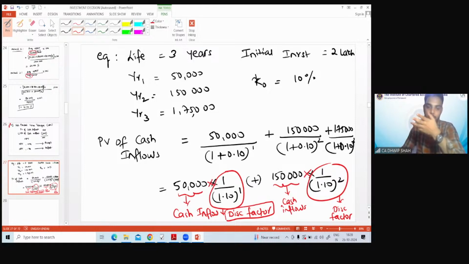If half of the task is directly done by the question by providing the discounting factor, our task is just to multiply that discounting factor with the cash inflows of that respective year. Are you getting this? Is everyone following what I'm trying to say?